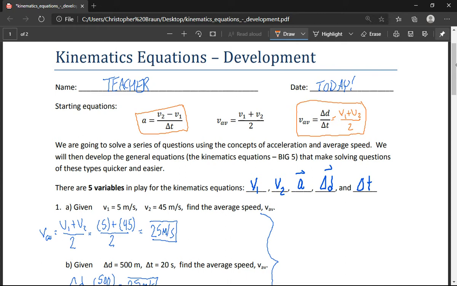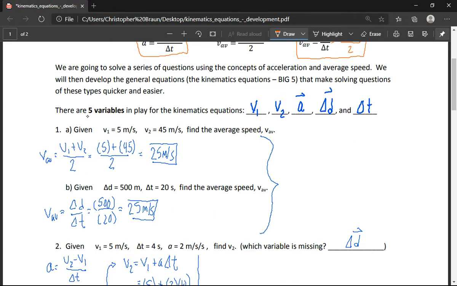You could always just use this equation and this equation here to solve these problems, but we're going to find a different way to do it. Now, you all solved the first problems where you found the average speed is v1 plus v2 over 2, and you found for part B where the average speed is delta d over delta t.